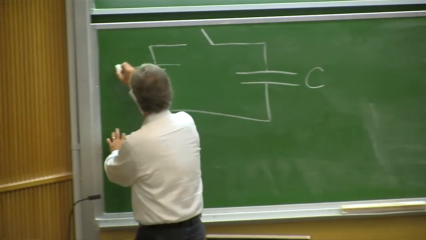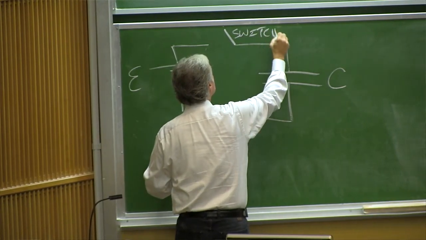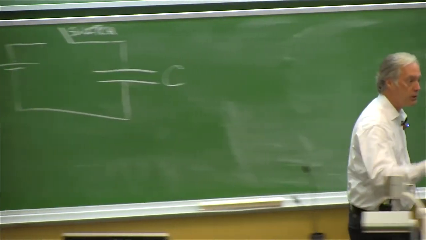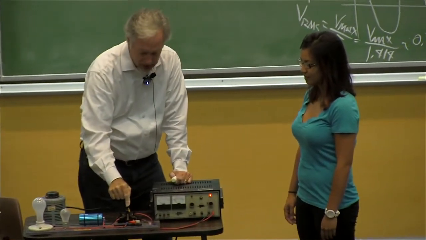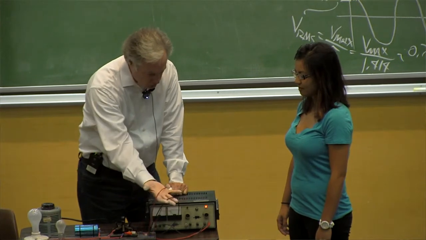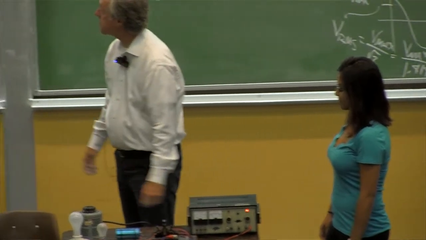Okay, this is a capacitor. This is our EMF, and this is a switch. So what I want to do with Cecilia is, here's the switch. You can see it. It's this thing. And here are the two wires coming out of the power supply, right? Let's see.